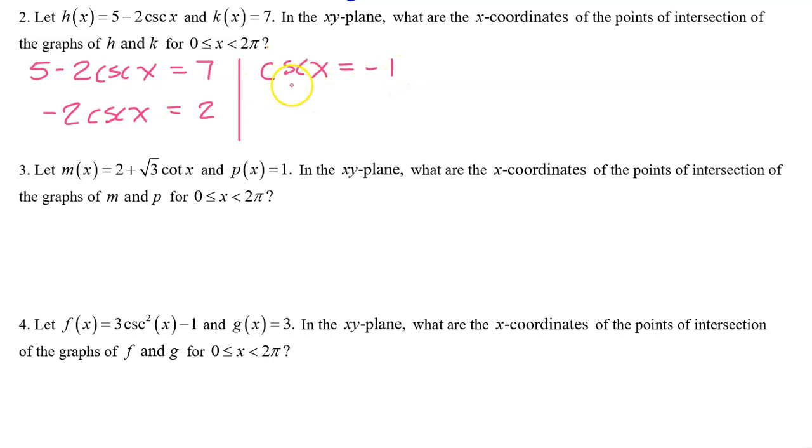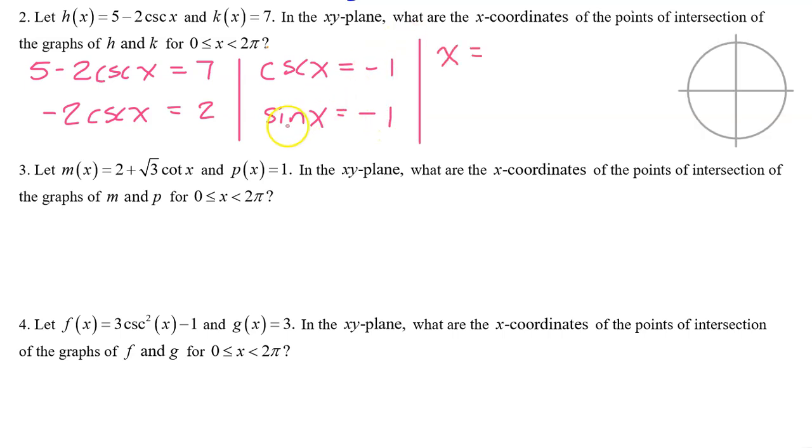Cosecant is the reciprocal of the sine function. So if we take the reciprocal of both sides, we get sine x is equal to negative 1. The reciprocal of negative 1 is still negative 1. We can solve this equation by asking ourselves the sine of what is equal to negative 1.